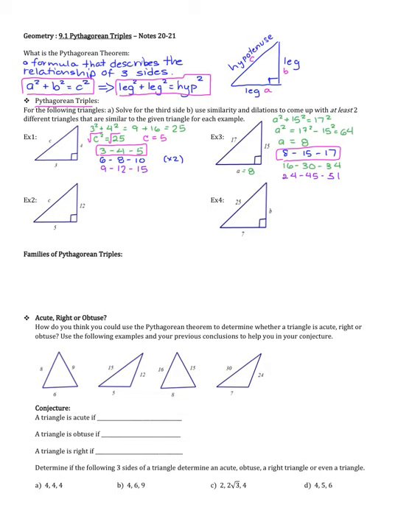Now this next one, we have 5 and we have 12. So I know that 5 squared plus 12 squared, 25 plus 144, is 169. And so if I take the square root of that, I get that my c value is going to be 13. So this family is what we call a 5, 12, 13 family.